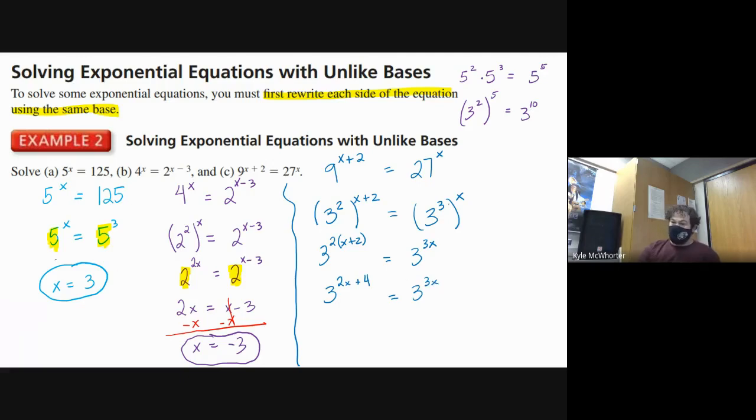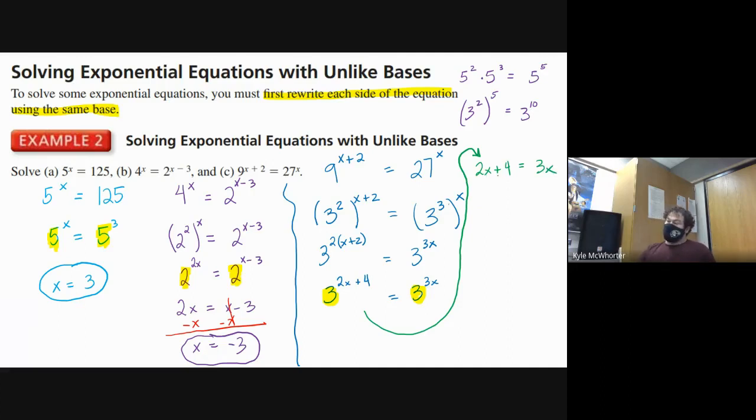So now we have same bases, so we can set the exponents equal to each other. So 2x plus 4, and I'm going to write them up here. 2x plus 4, this exponent has to equal 3x, the other exponent.